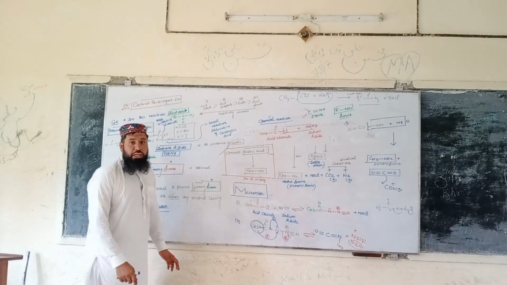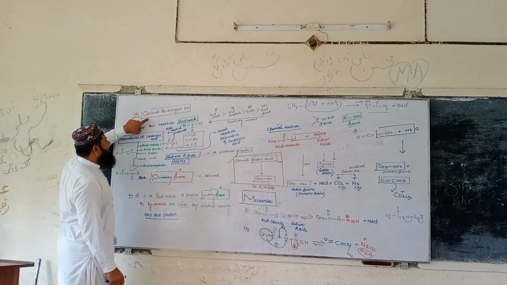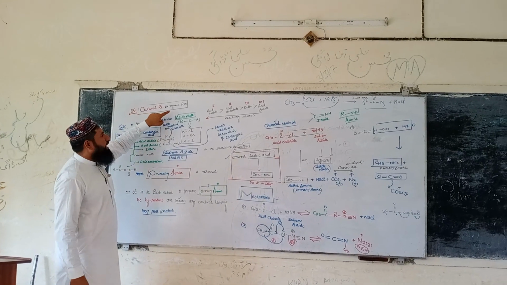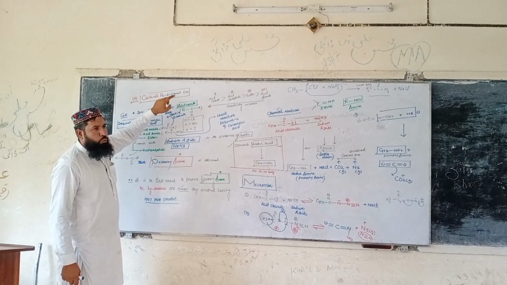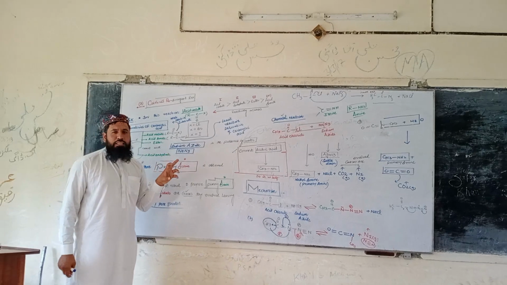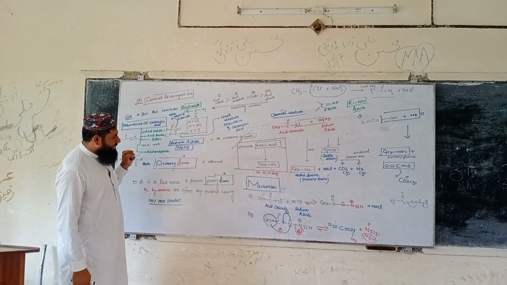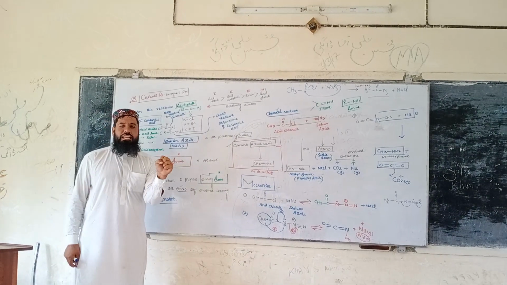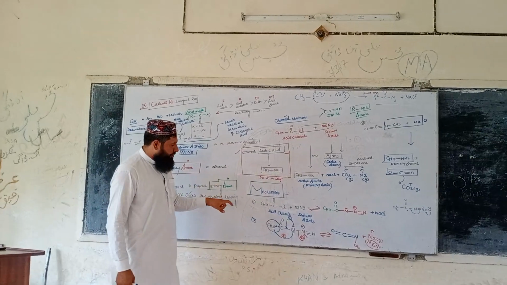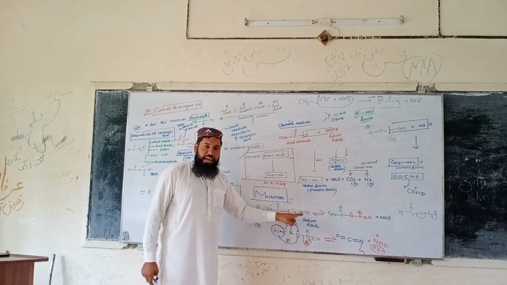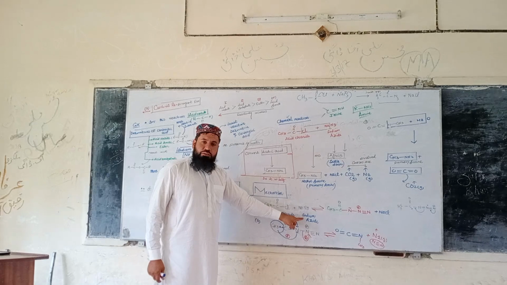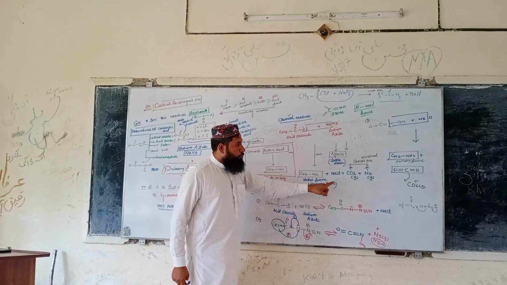Okay, today we are going to discuss Curtius rearrangement reaction. What is Curtius rearrangement reaction? It is one of the rearrangement reactions in which acid chloride reacts with sodium azide to form what?